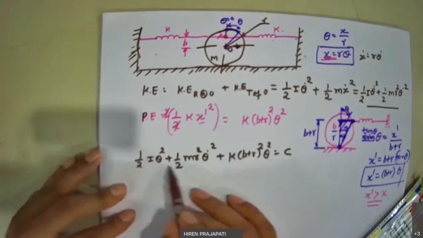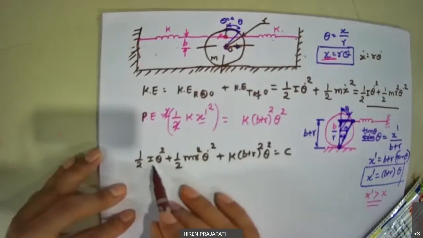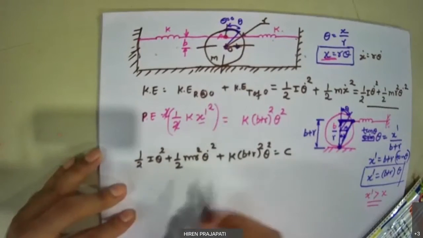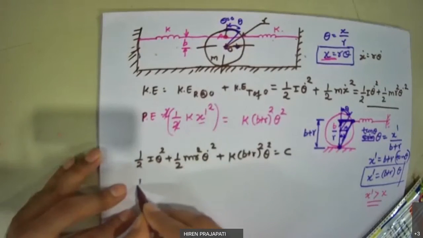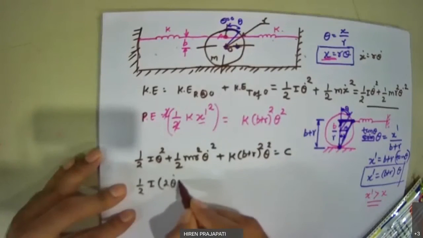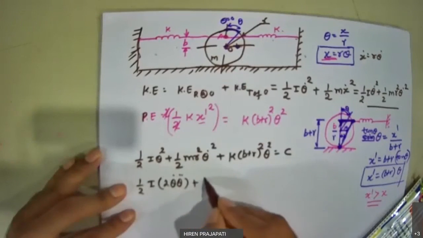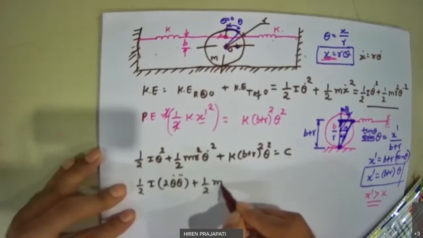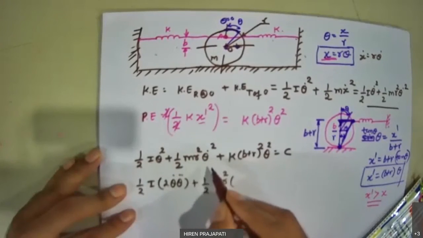Now our next step is to differentiate this entire equation, because we have the entire equation in a single coordinate, theta. So let us differentiate. 1/2 I theta dot square differentiates to I theta dot theta double dot, plus 1/2 m r square, where m r square is constant.